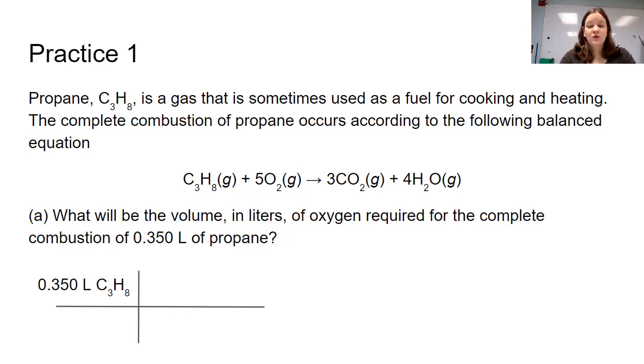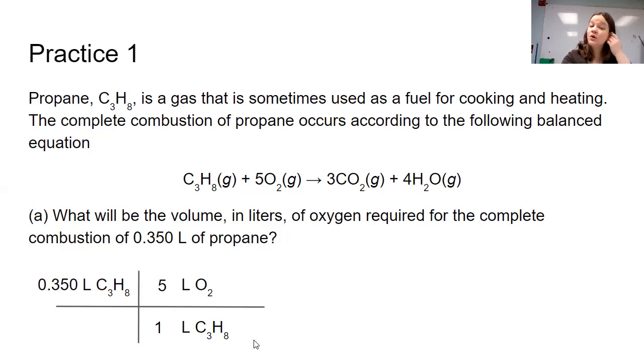Okay. So if I use my coefficients here, I have a coefficient of 1 for the propane and a coefficient of 5 for the oxygen. So I would set it up this way where my volume of propane is on the bottom, my volume of oxygen is on the top, right? Because I want the propane to divide away and be left with oxygen.